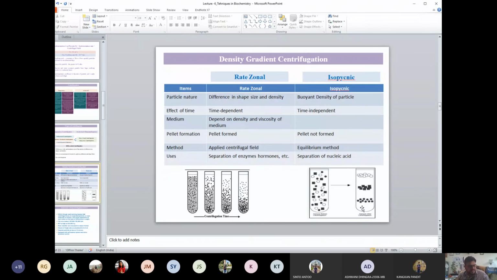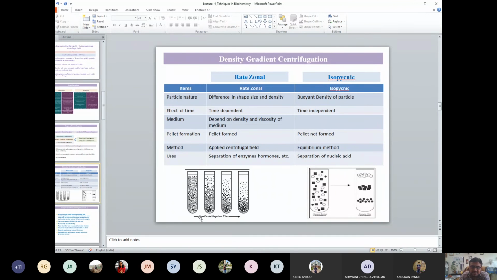Even if you increase the duration of centrifugation, it hardly affects the location of the layer of these particles, because the basis for this separation is the buoyant density of the particle, whereas here the basis is the difference in the shape, size, and density of the particle, as well as the viscosity of the media.